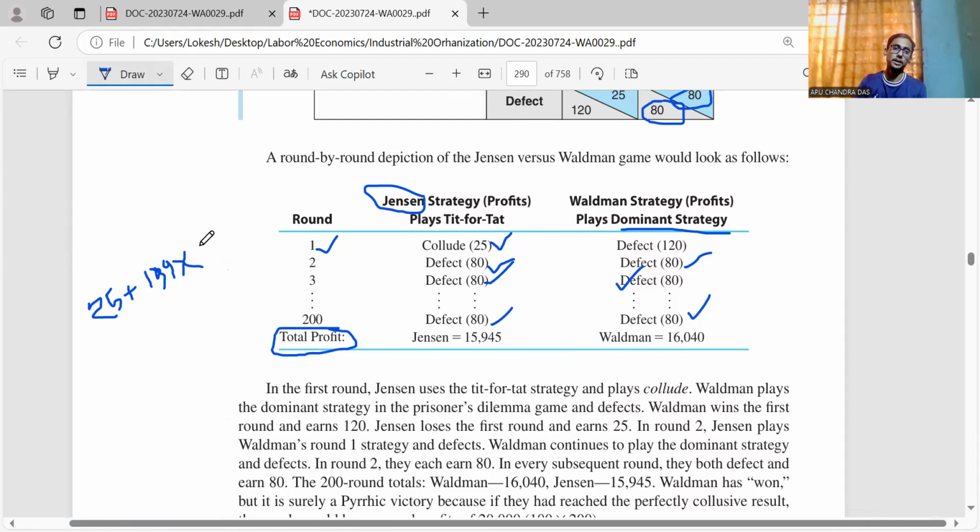We multiply the remaining 199 rounds by the $80 payoff, and we find the total profit earned by Janson after 200 rounds is 15,945.